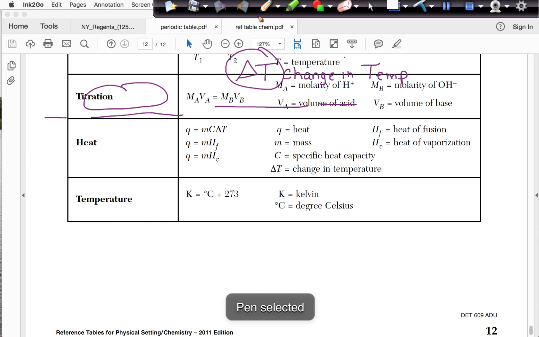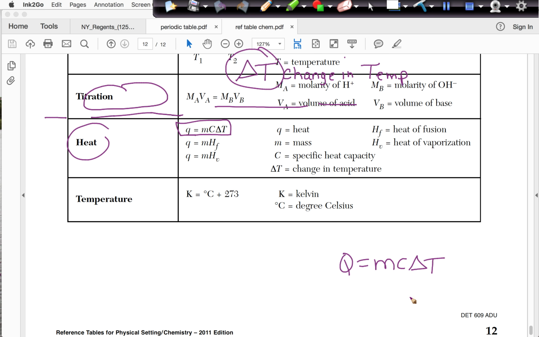When we look at the heat formulas, the one that is for a change in temperature is Q equals mc delta T. That means we're going to have Q for the heat, which will be my X, m will be the mass, c will be the specific heat capacity, which we will look up on Table B, and delta T will be the change in temperature.